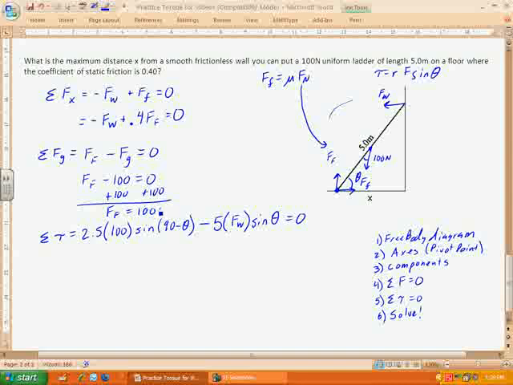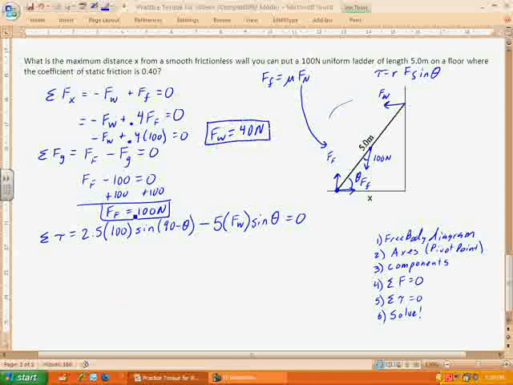Now that I have the force of the floor, I can put that in up here, and I can solve for the force of the wall. So negative force of the wall plus 0.4 times 100 newtons equals 0. 0.4 times 100 is 40, so that means that the force on the wall has to be negative 40 newtons, or 40 newtons. So force of the wall, subtract the 40, divide by the negative, is 40 newtons. All right, so there we go.